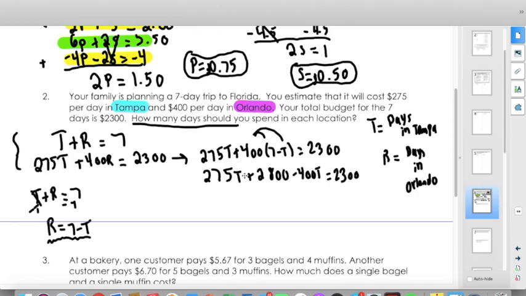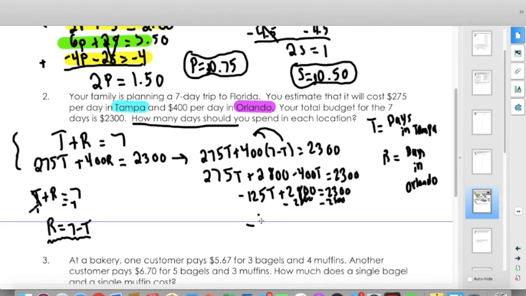Okay, simplifying this, 275T minus 400T. Let's think, that's going to be negative 125T plus 2800 is equal to 2300. I'm going to subtract 2800 from both sides. Subtract, cancels out.